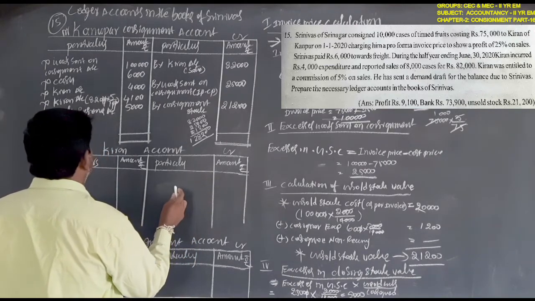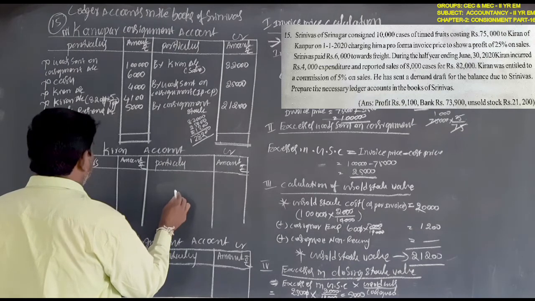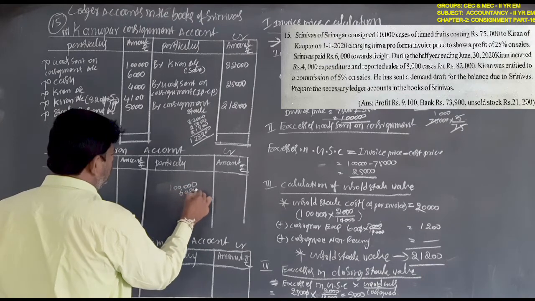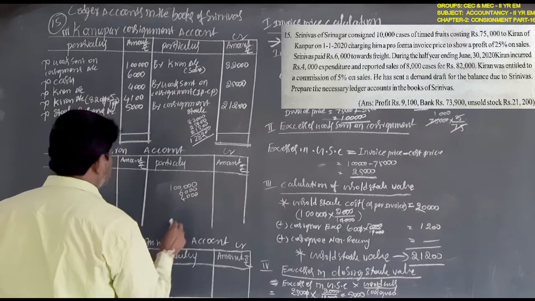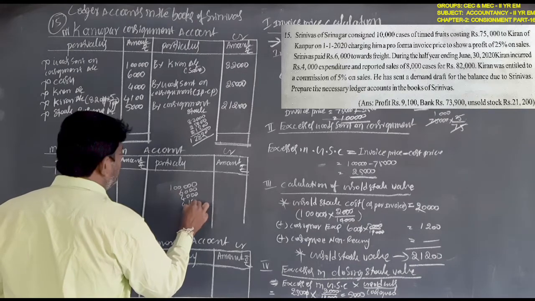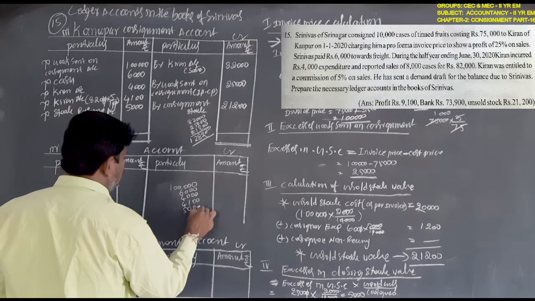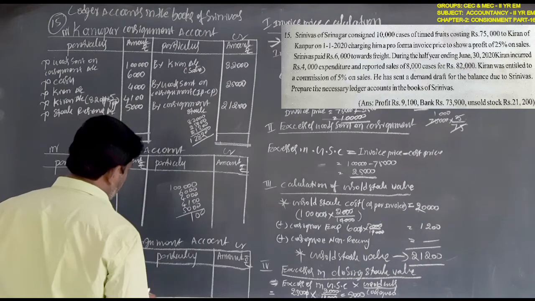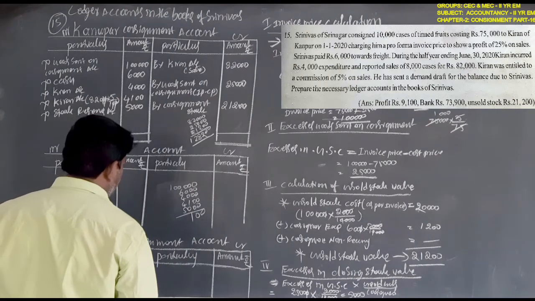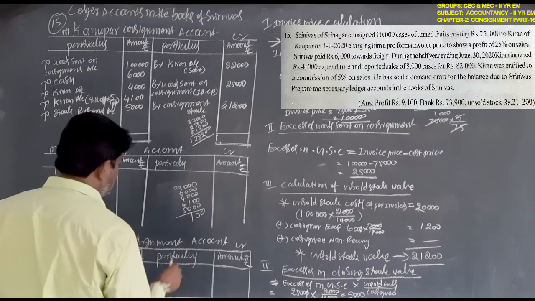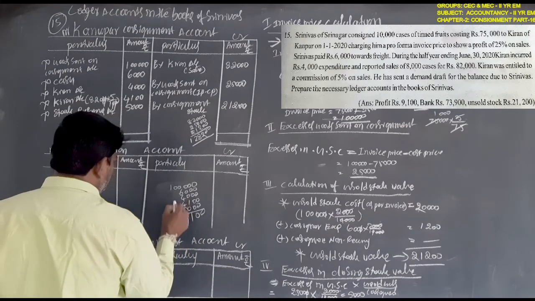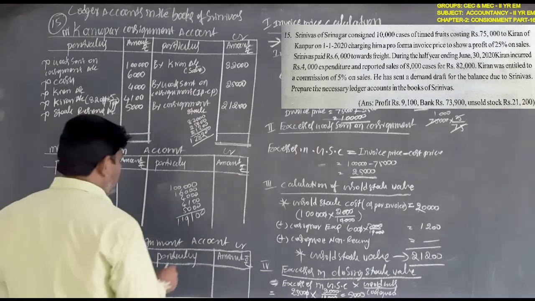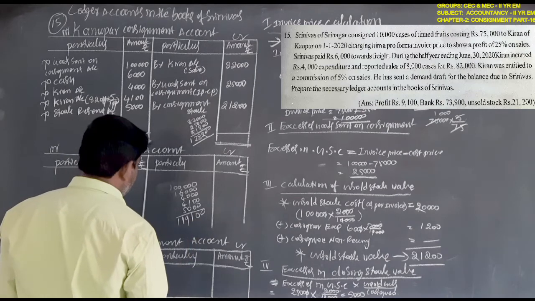Here 10,000 plus 1,10,000, 1 lakh, next 6,000, next 4,000, next 4,100, next 5,000. 0, 0, 1, 9 plus 3, 9 plus 4, 13, 13 plus 6, 19, 1,19,100 rupees.